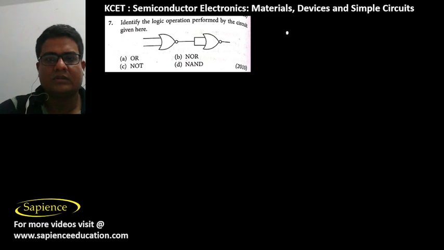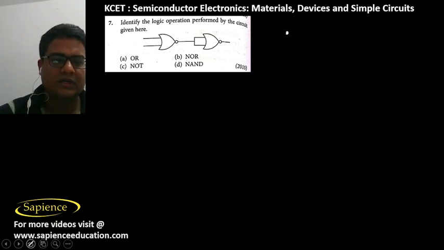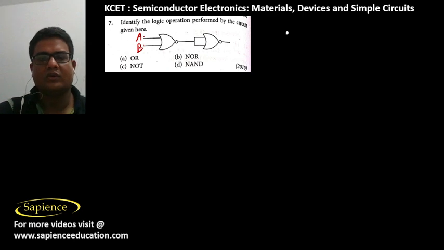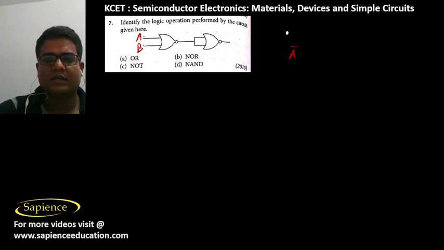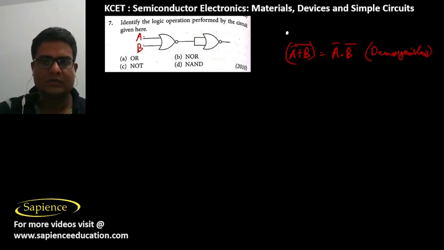So here, suppose this input is A and this is B, so the output is (A OR B) whole NOT. We know that NOT of (A OR B) is equal to NOT A AND NOT B, where we are applying De Morgan's law.